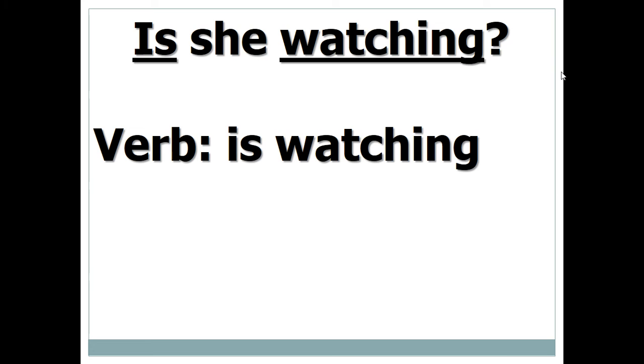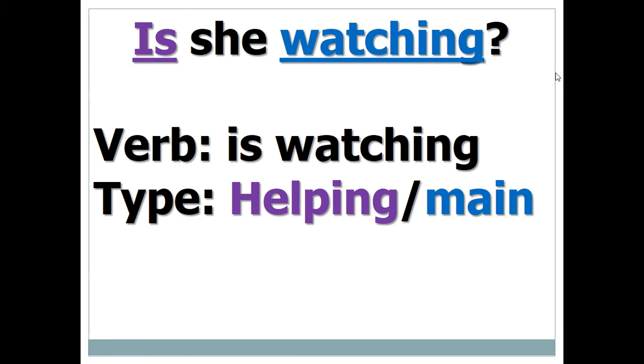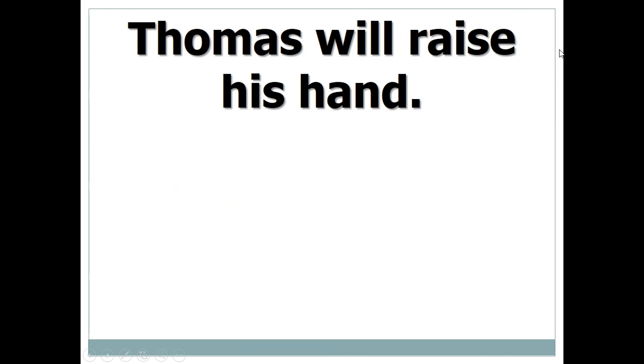And since it's a verb phrase, which one's my helping verb? Which one is my main verb? Okay, the word is the helping verb, and the word watching is the main verb. So like I said, be careful, 5th and 6th graders. I believe on the back side of your sheet for today, I think there's an example just like this, very similar to that on your sheet.